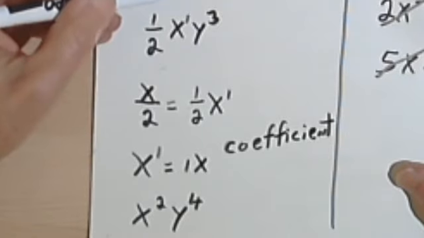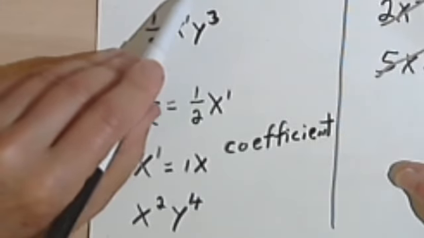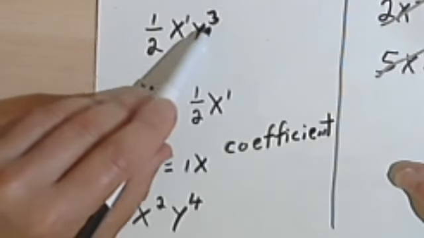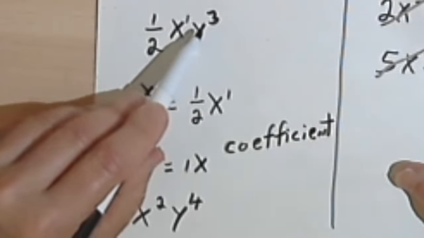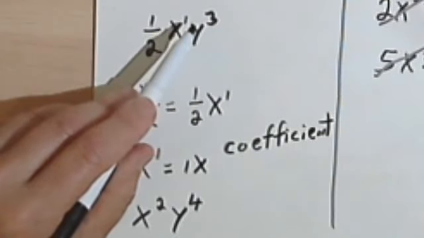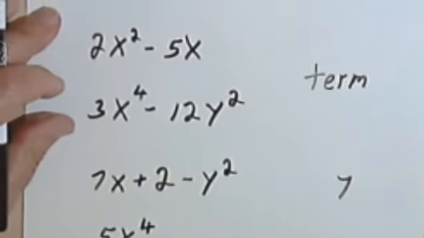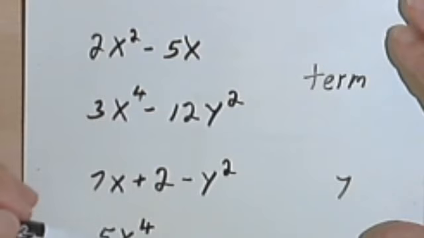The degree of a monomial is the value of the exponent or the sum of the exponents if there's more than one exponent. And a polynomial, let's do the polynomial page. A polynomial is one or more monomials that are added or subtracted together.